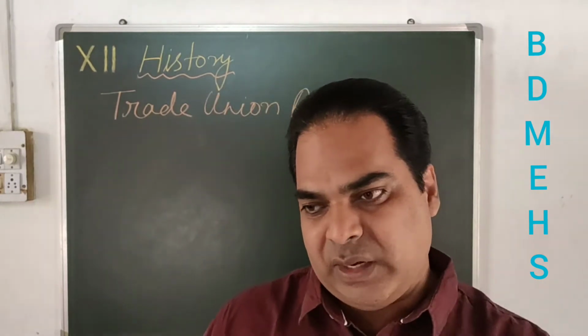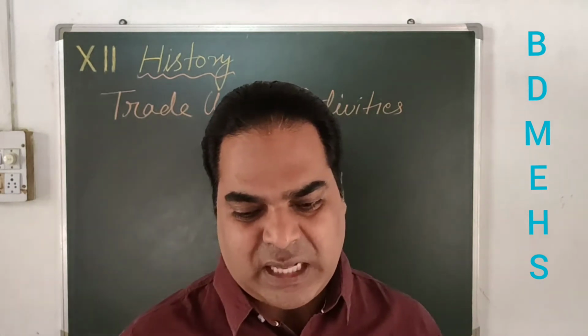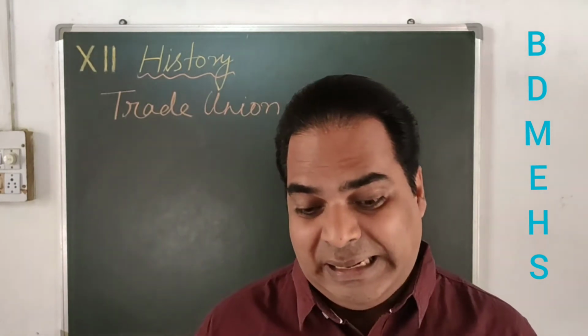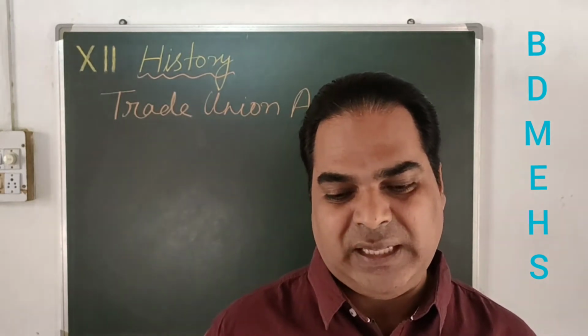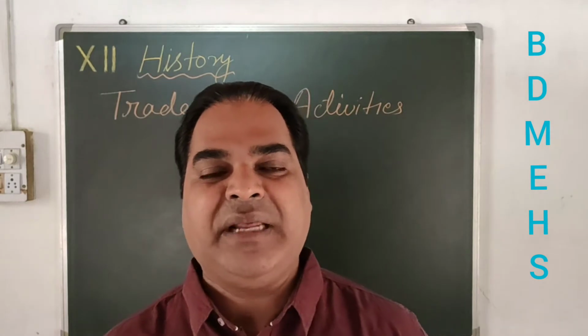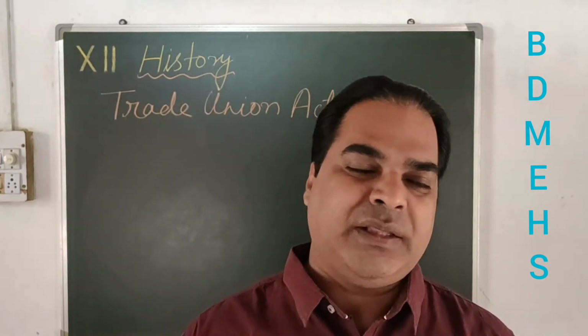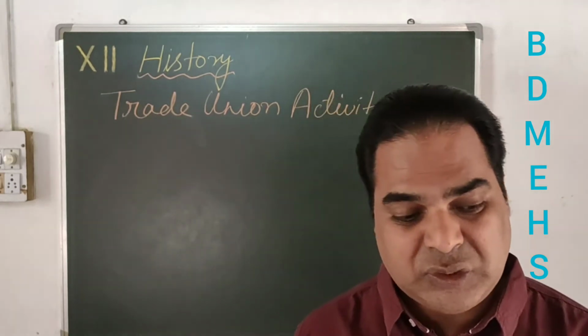Now let's start. Where was the first trade union established? In Madras. The first trade union, the Madras Labour Union, was founded in the year 1918 by B.P. Wadia. B.P. Wadia was one of the close associates of Mrs. Annie Besant.